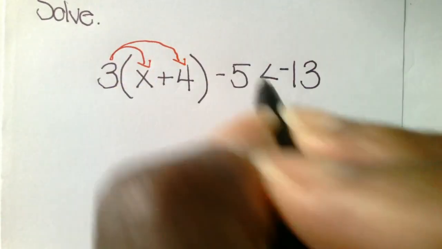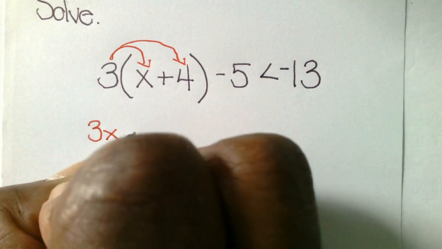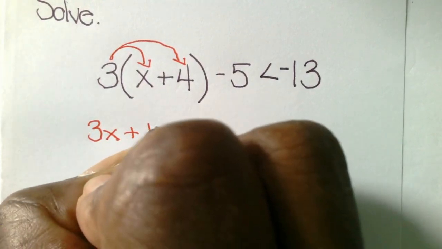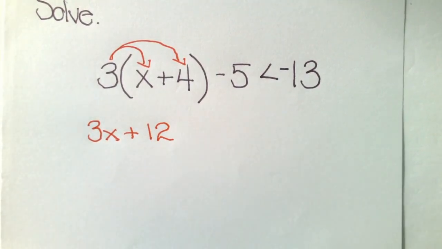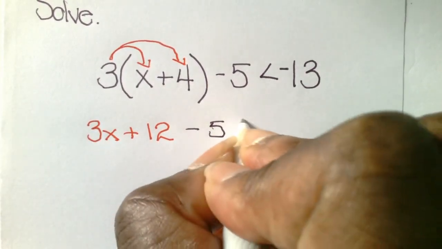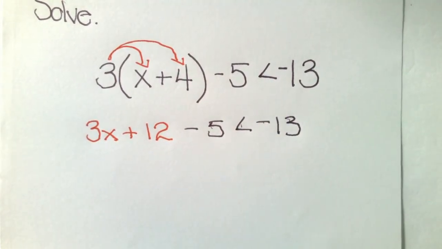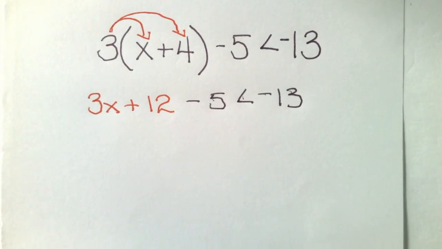We can do that. So we distribute that 3 to everything inside the parenthesis, which will give us our 3x plus our 12, and then we can bring down our -5 less than -13. Our goal is to get x by itself.